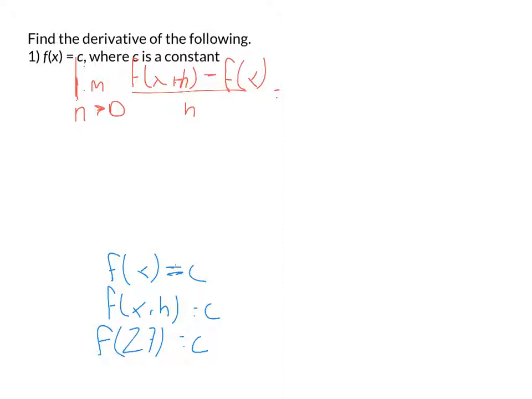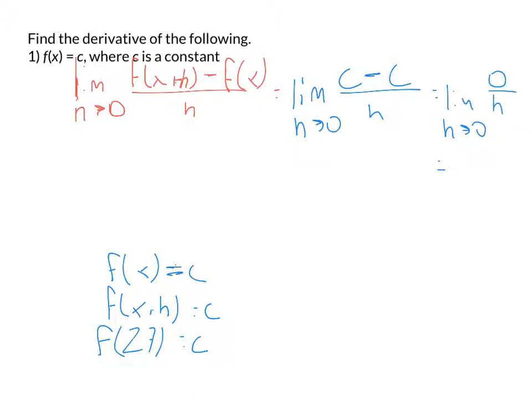So our limit as h approaches 0 is, well, f of x plus h is c minus f of x is c all over h, and so our limit as h approaches 0 is 0 over h, or rather it's just 0.